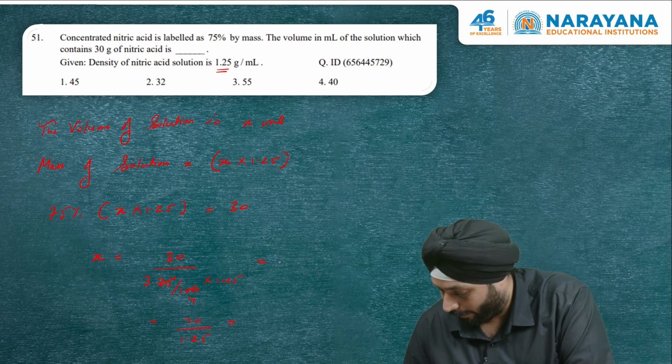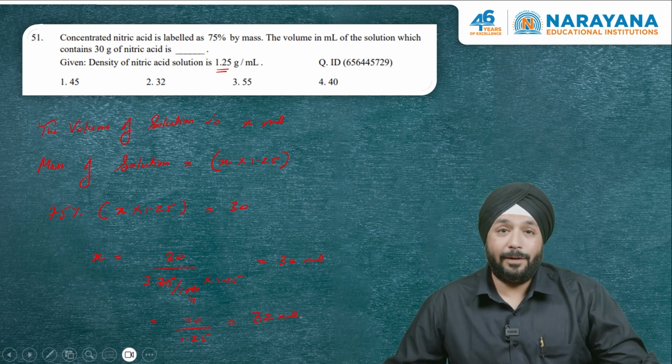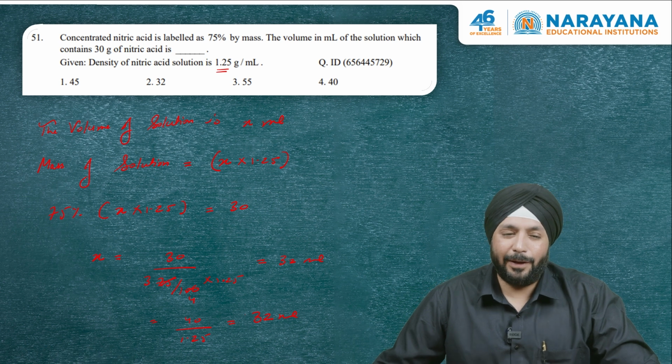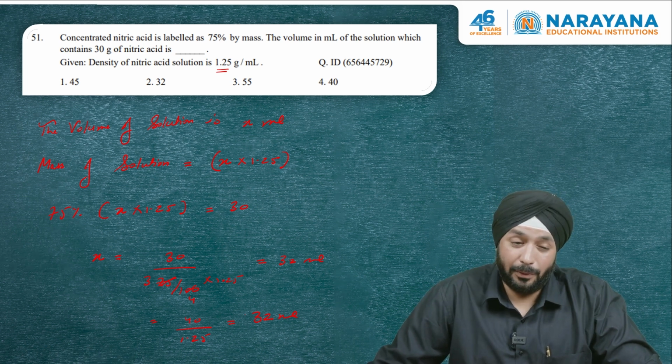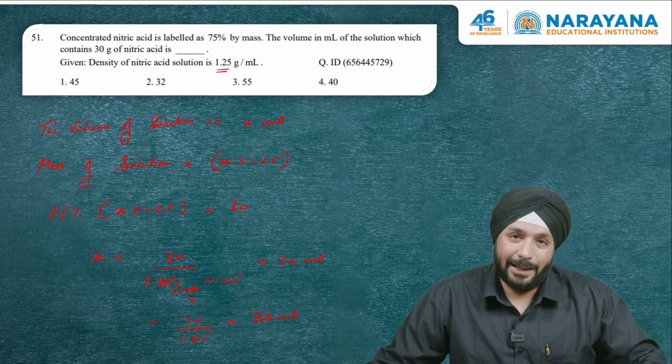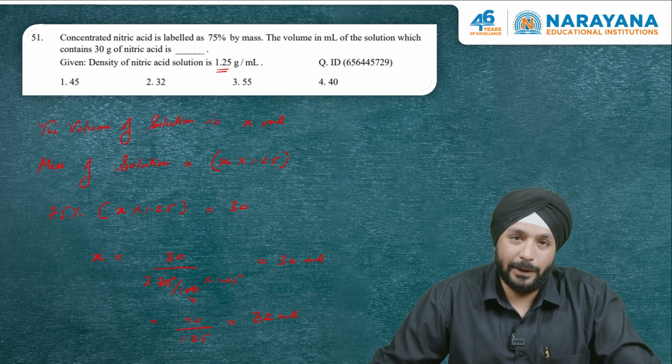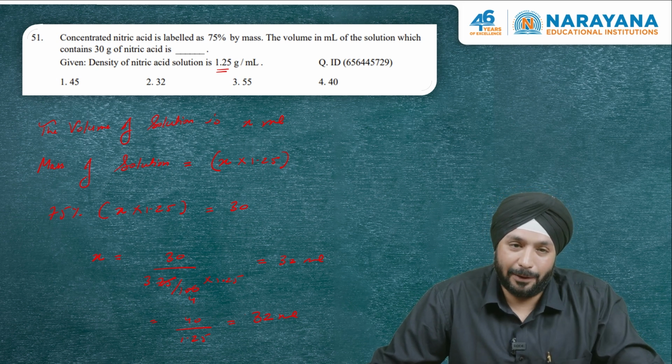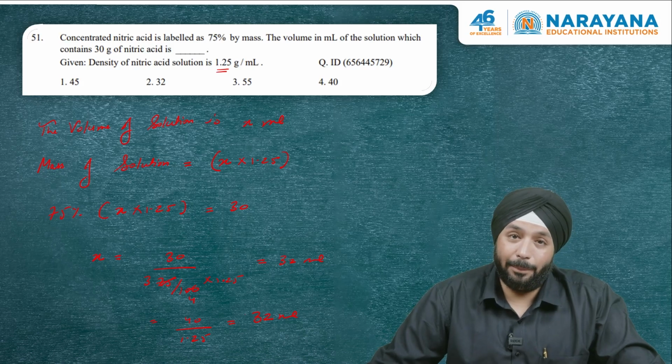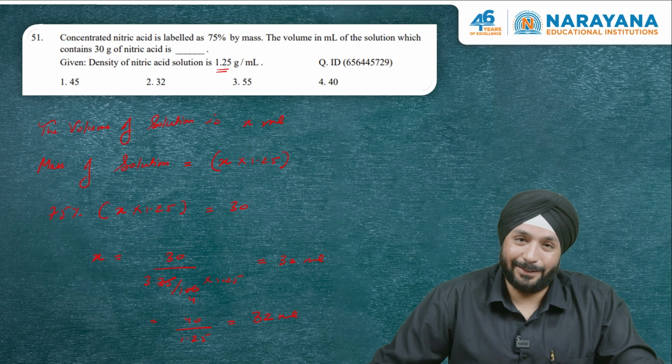That comes out to be 32 ml. Hope you have understood this solution. It's a very basic stoichiometric question, and in this JEE Mains shift we have seen a lot of questions came from the stoichiometry chapter. So for the next Mains shift that will happen in April, please focus on that chapter properly, right?